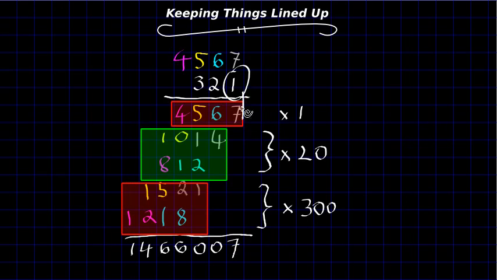This digit gives rise to this group, this digit gives rise to this group, and this digit gives rise to this group. Another thing you notice is that the block is lined up with the number that gave rise to it. That's lined up with the 1, that's lined up with 2, that's lined up with the 3, and that makes sense because the group inherits place value from the digit in the lower factor that owns that group.